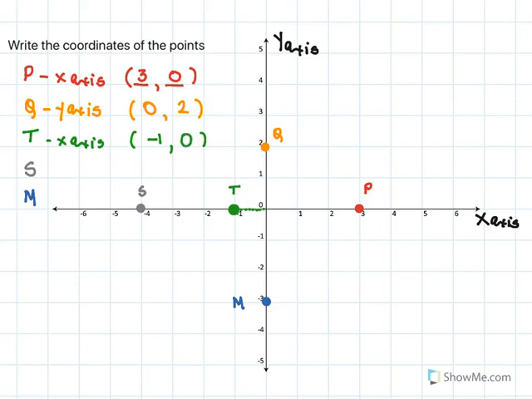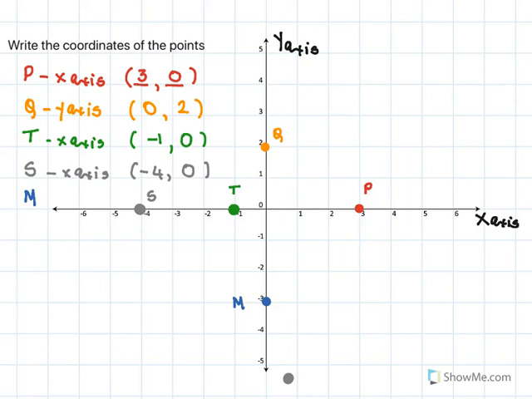So T has coordinates -1, 0. Now for the point S, here is your point S, and S lies on the x-axis. It has two coordinates, x and y. You'll see the x-coordinate is -4, while the y-coordinate is 0.